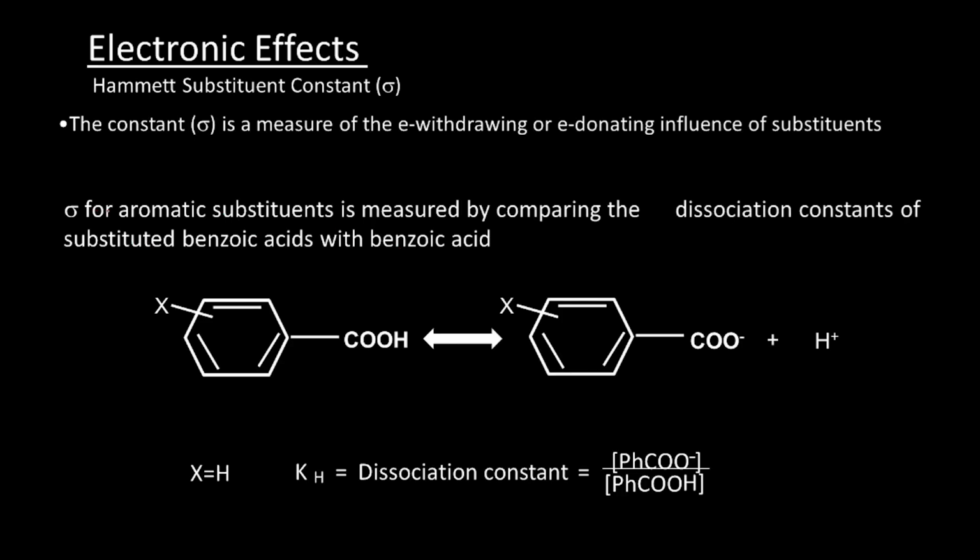So sigma is a ratio of the substituted versus unsubstituted, and the dissociation constant is given by the concentration of COO minus divided by COOH. COO minus means the anion form, COOH is the acid form. We have read that a long time back.